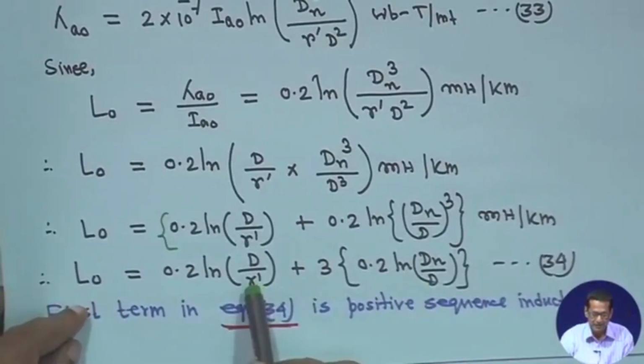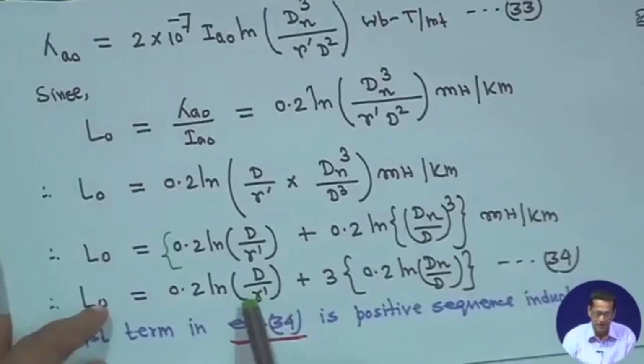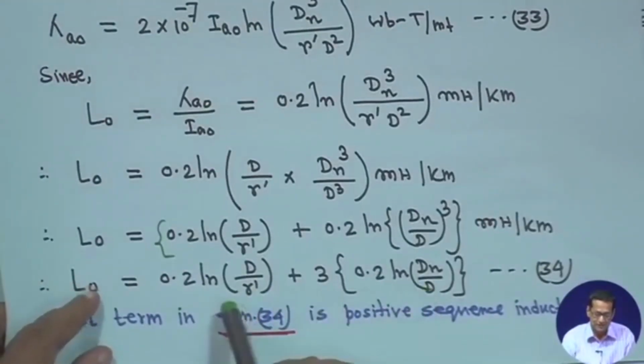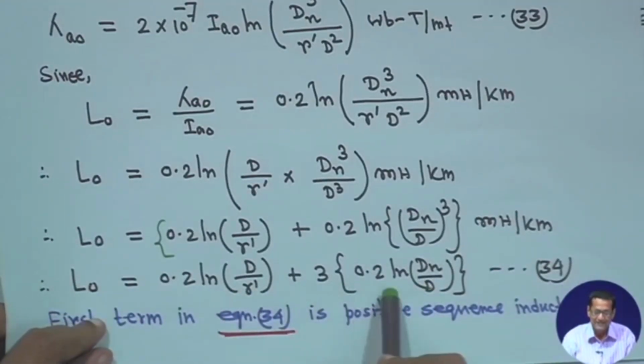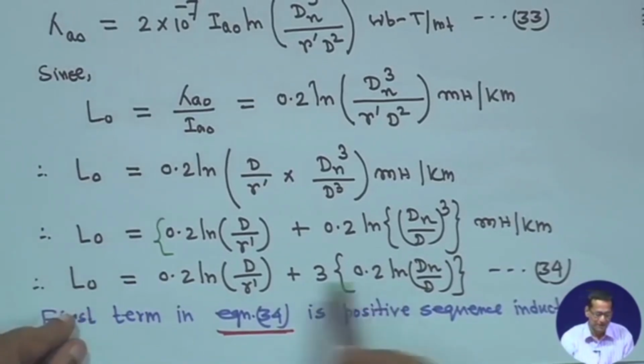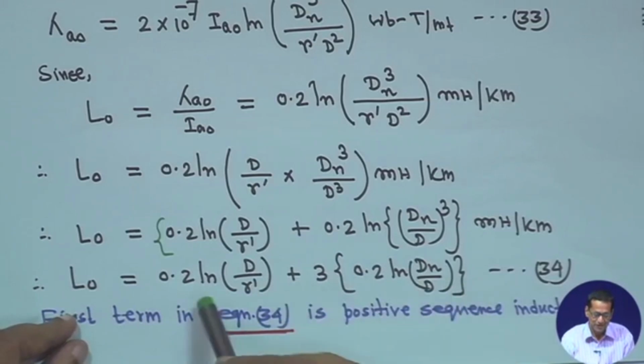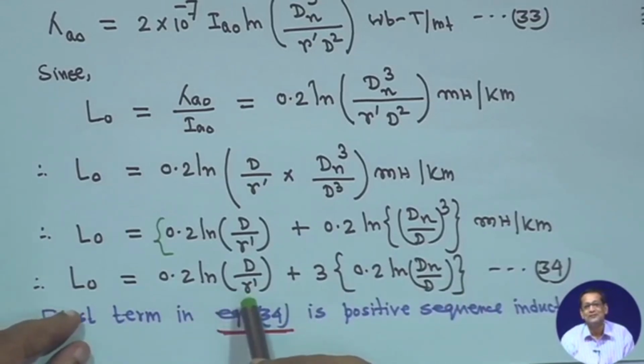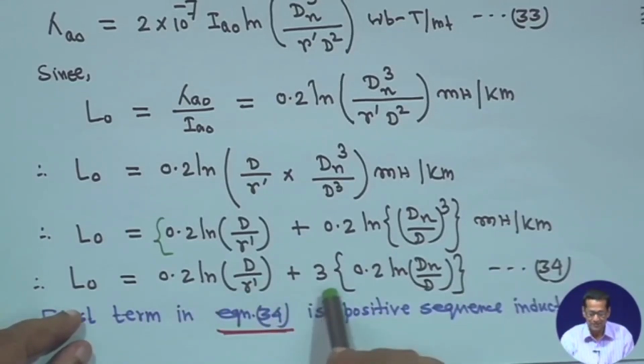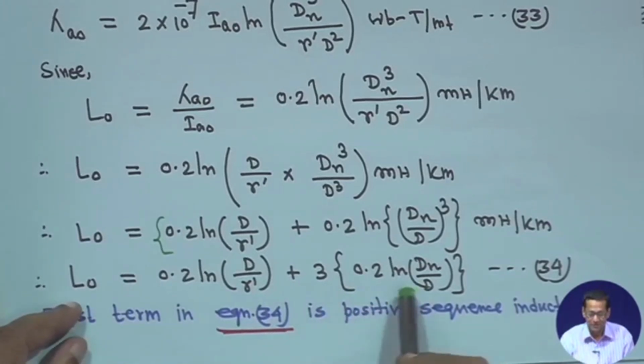This is actually L_1 and this is L_n, so it is basically L_1 + 3 L_n. I am not writing it here, but it is a simple thing. If you multiply by omega on both sides, it will be omega L_1, that is x_1, and 3 omega L_n, so it will be 3 x_n.